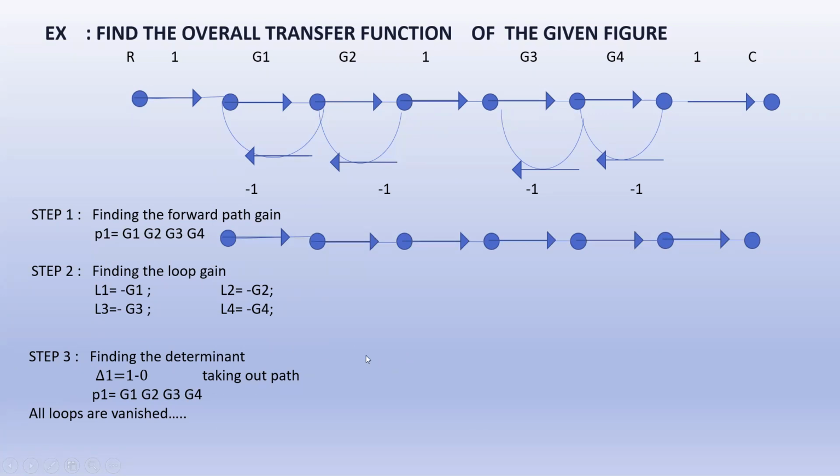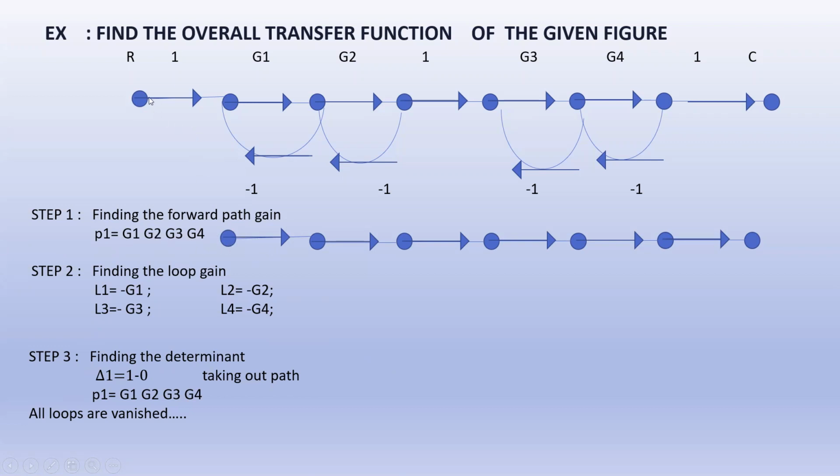So here, del 1 is for the first path, which is recognized as the forward path. We have to take out all the nodes belonging to the forward path.